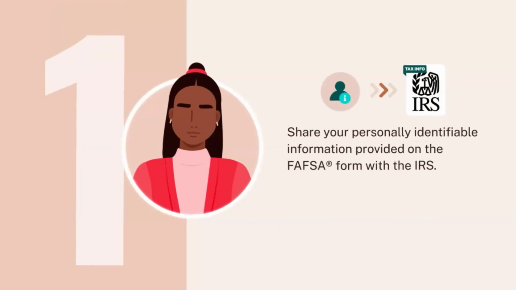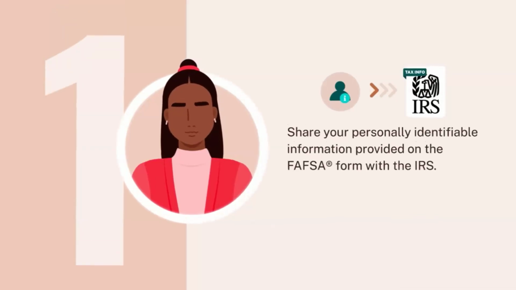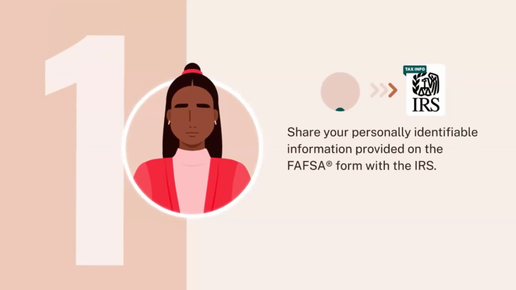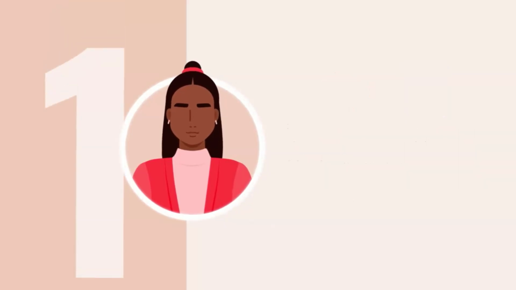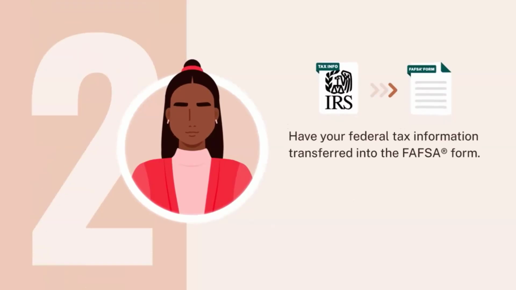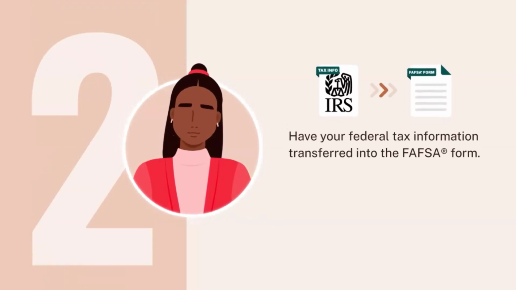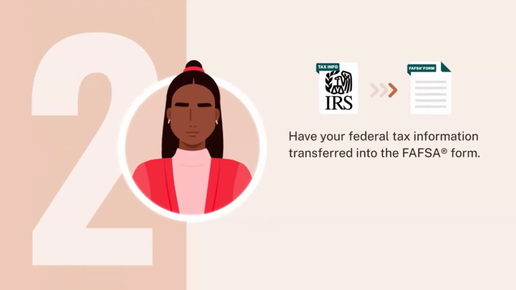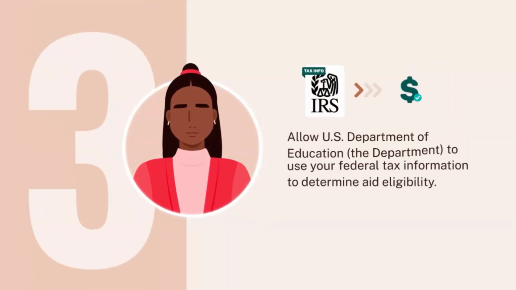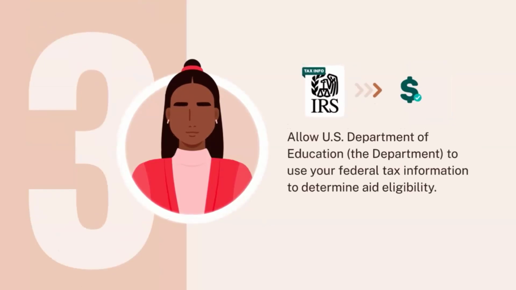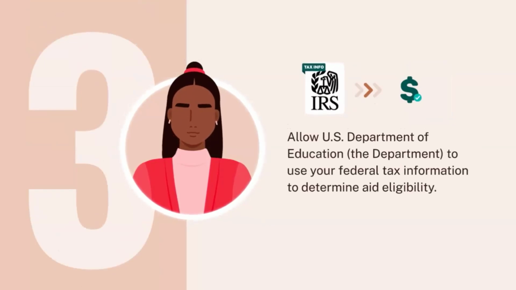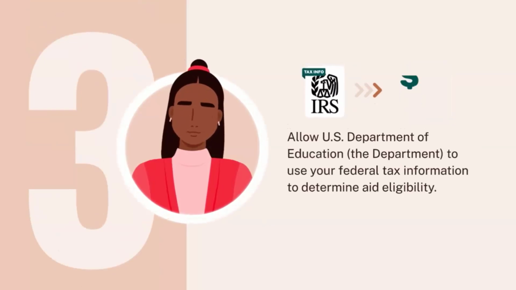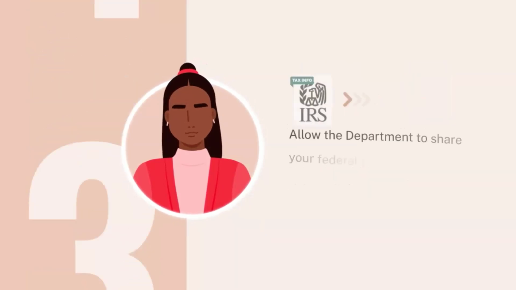First, you agree to share your personally identifiable information provided on the FAFSA form with the IRS. Second, you agree to have your federal tax information transferred directly into the FAFSA form via direct data exchange with the IRS. Third, you agree to allow the U.S. Department of Education, or the department, to use your federal tax information to determine your eligibility for federal student aid.